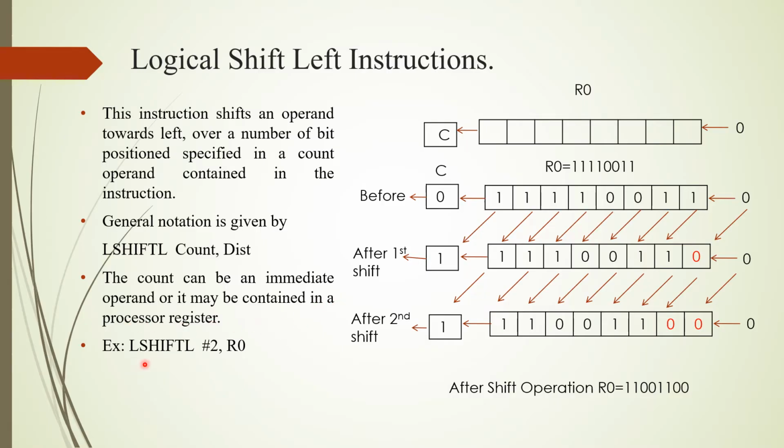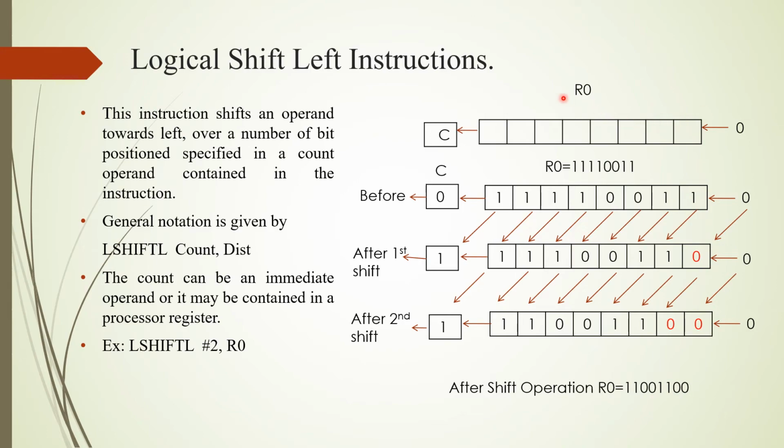In this example, LShiftL #2, R0, LShiftL is the opcode for a shift left operation. #2 gives the count, that is how many shifts are required to be performed on the given operand R0.